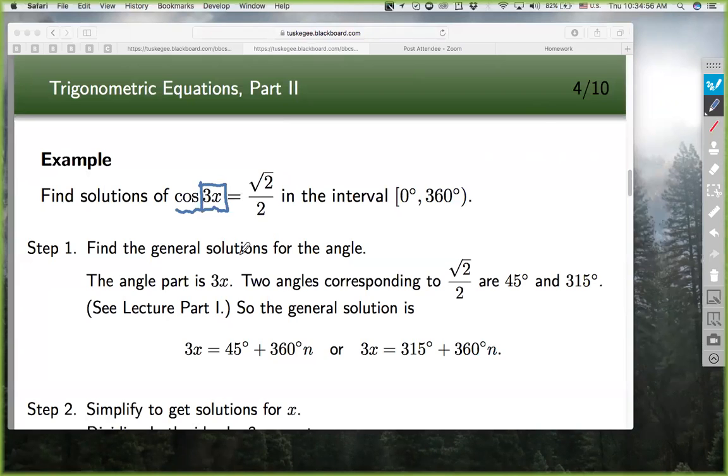The first step is to solve the equation as usual, as we have seen before, for 3x first. To solve the equation, this is one of the special angles, so use the unit circle.